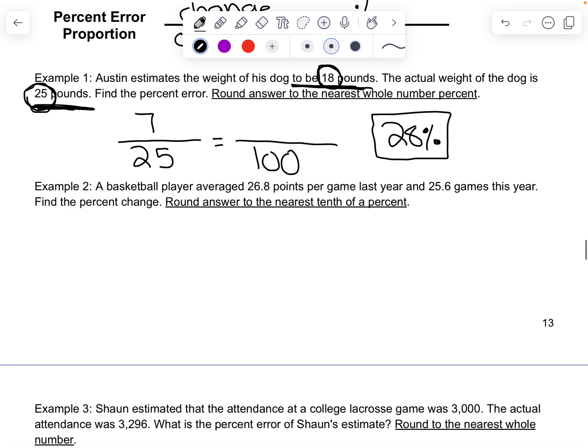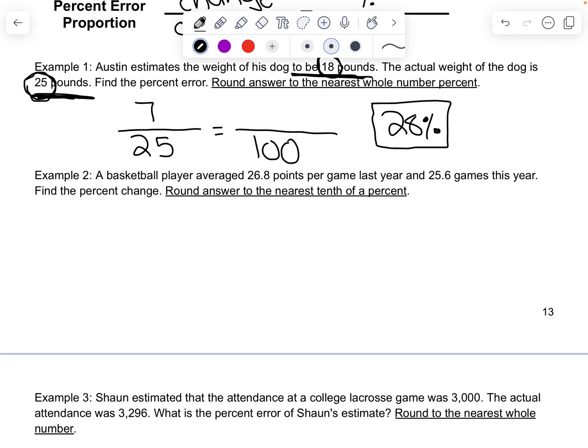All right, the second one talks about a basketball player who averages 26.8 points per game last year, and then 25.6 points per game this year. Find the change. So we talked about percent change. On top, change.